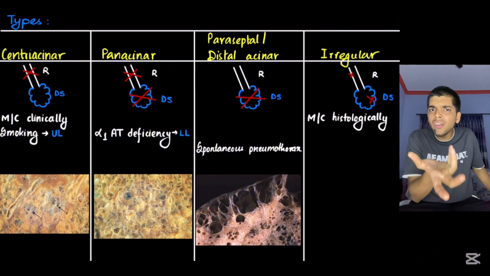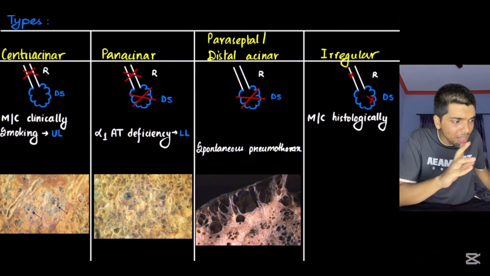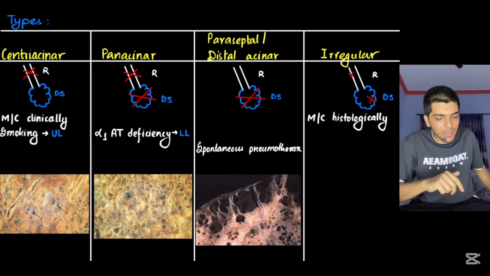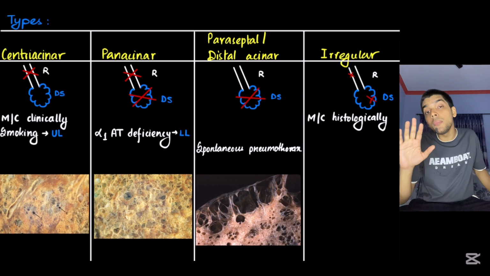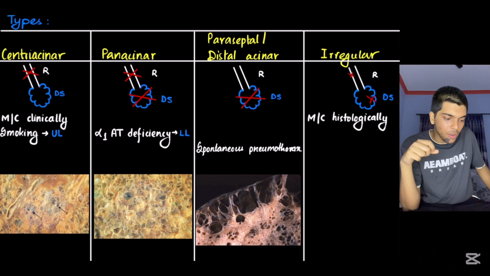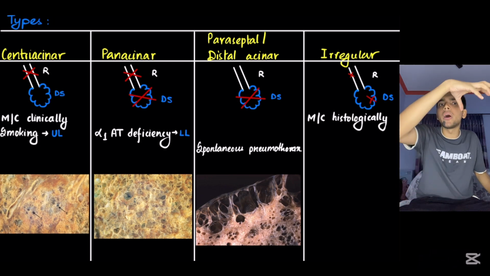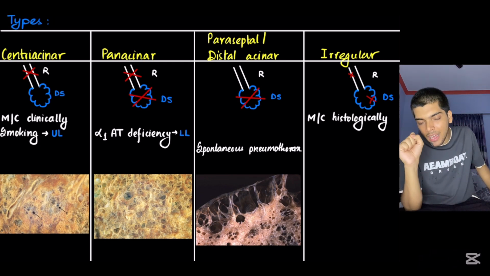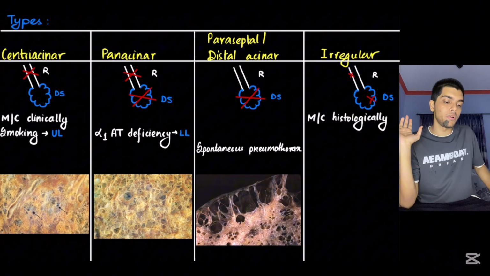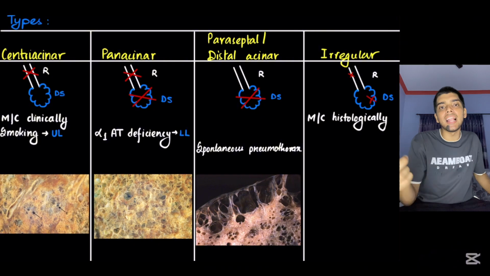Irregular: there is irregular involvement; somewhere the respiratory bronchiole is affected, somewhere the alveolar duct and sac. Most common clinically is centriacinar, most common histologically is irregular. Smoking causes centriacinar, affecting the upper lobe. Alpha-1 antitrypsin deficiency causes panacinar, affecting the lower lobe. Spontaneous pneumothorax is associated with distal acinar.